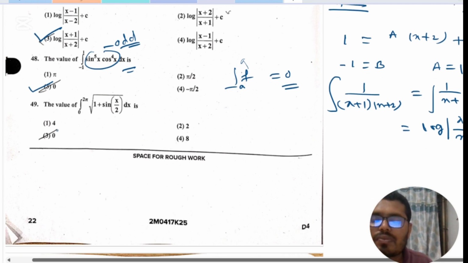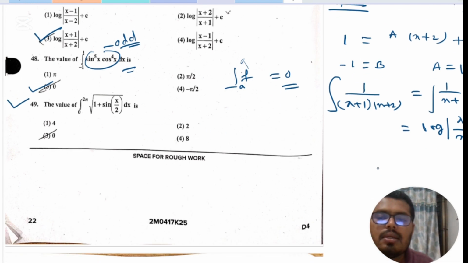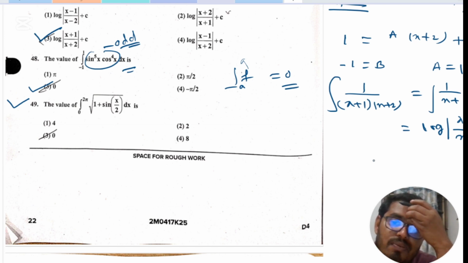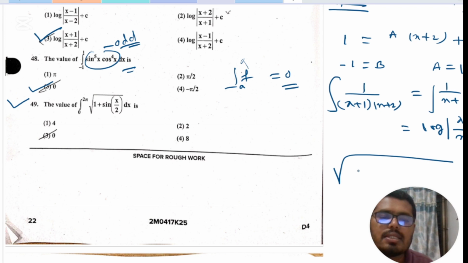Okay. Next is question number 49. They have given you the integration from 0 to 2 pi of square root of 1 plus sine of x by 2. Again here we use the square root. We write 1 as sine square x by 4 plus cos square x by 4, plus 2 times sine x by 4 into cos x by 4, that is equal to the cos of x by 4 plus sine of x by 4 whole square, and the square root gets cancelled.